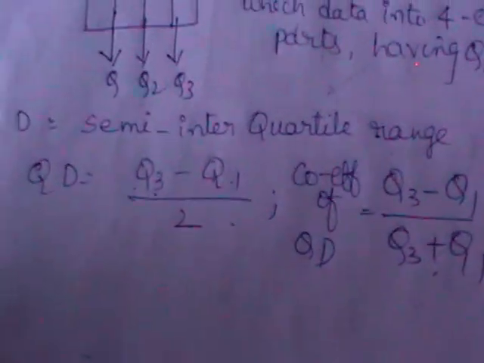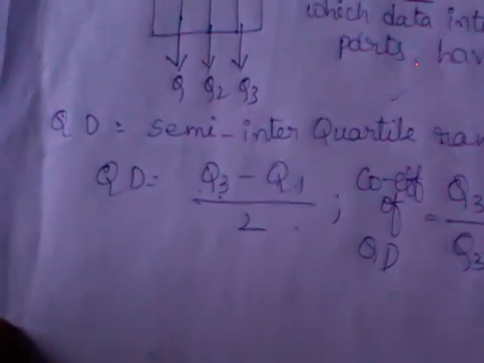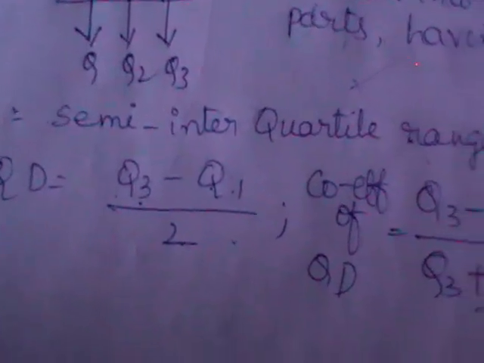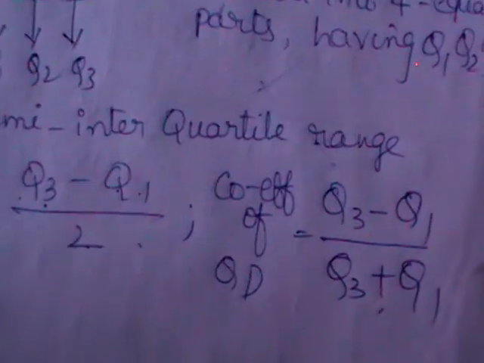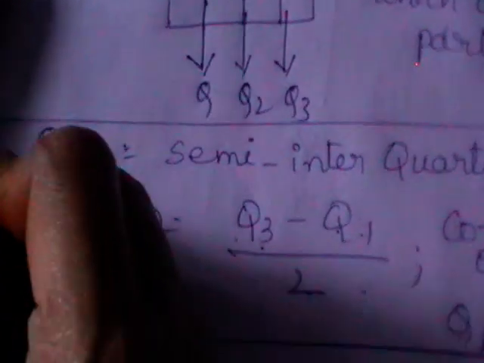Its formula is Q3 minus Q1 by 2, and the coefficient of quartile deviation is Q3 minus Q1 by Q3 plus Q1. This is the basic formula.